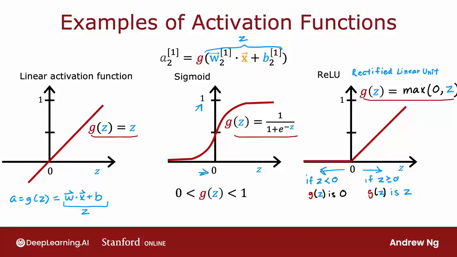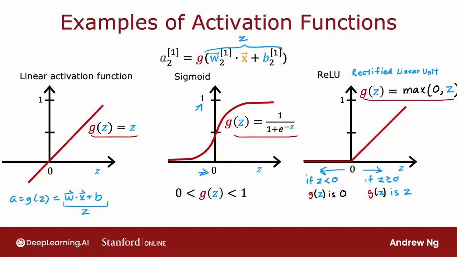Sometimes if you use the linear activation function, people will say we're not using any activation function, because if a is g of z, where g of z equals z, then a is just equal to w dot x plus b, and so it's as if there was no g in there at all.